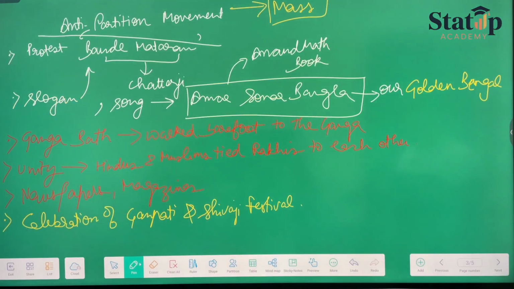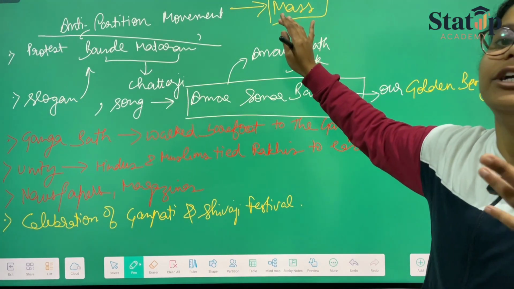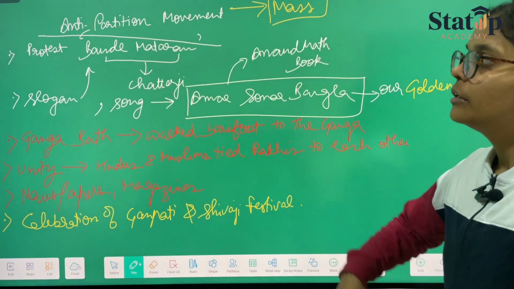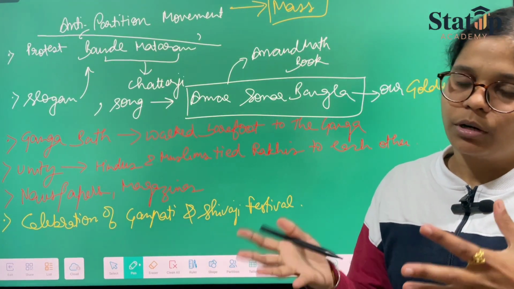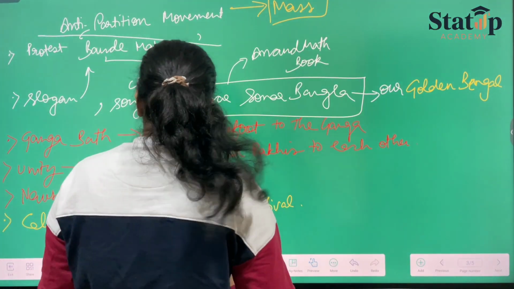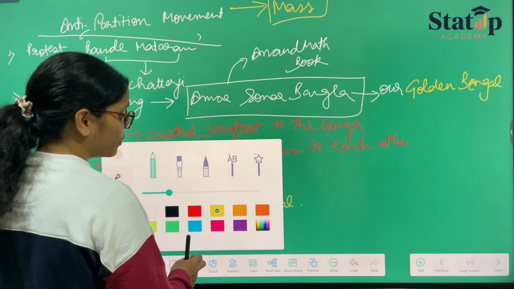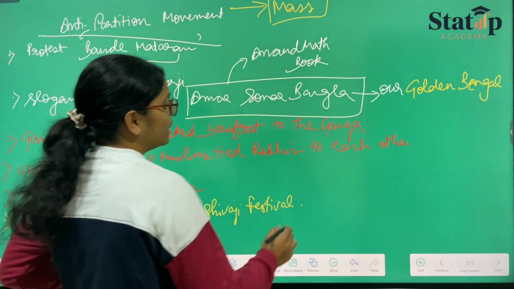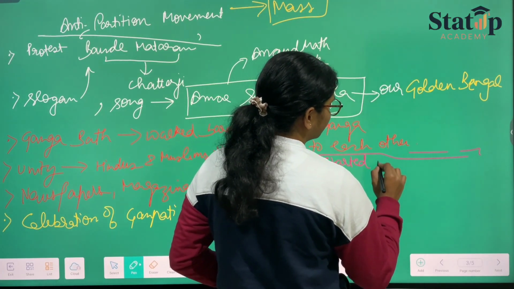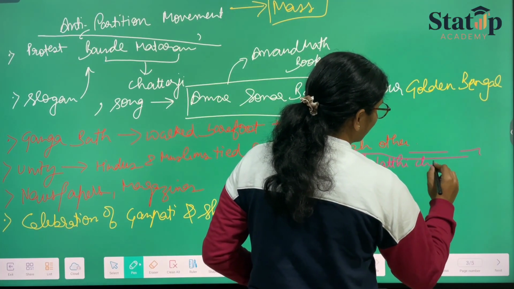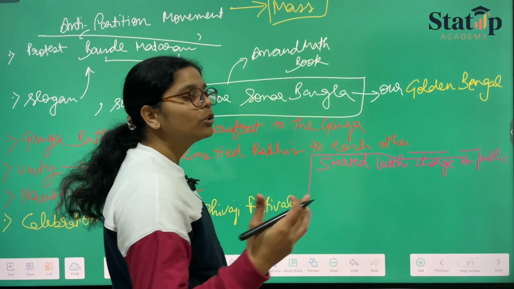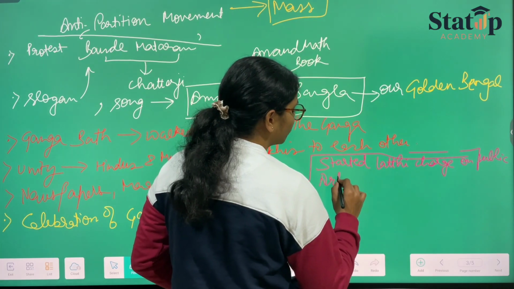What they actually saw was the mass movement, the involvement of the masses in this movement. Therefore, the anti-partition was to such an extent that the British government became brutal at this point of time. And what did they decide? They started lathi charge on the public without any reason, and people could not gather.